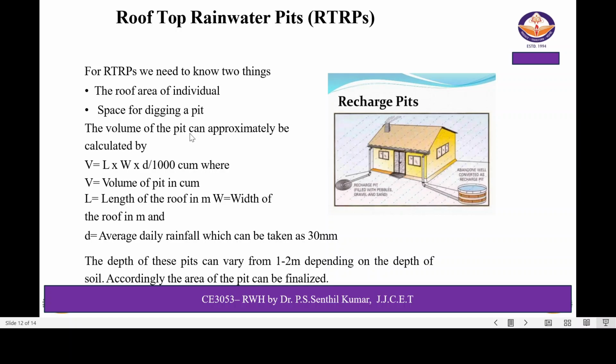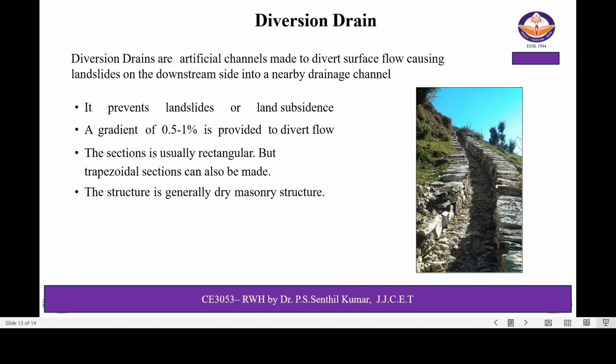The volume of the pit can be approximated by V equal to L into W into D by 1000 in cubic meters, where V is the volume of the pit in cubic meters, L is the length of the roof and W is the width of the roof in meters. D is the average daily rainfall, which can be taken as 30 mm. The depth of these pits can vary from 1 to 2 meters depending on the depth of soil. Accordingly, the area of the pit can be finalized.